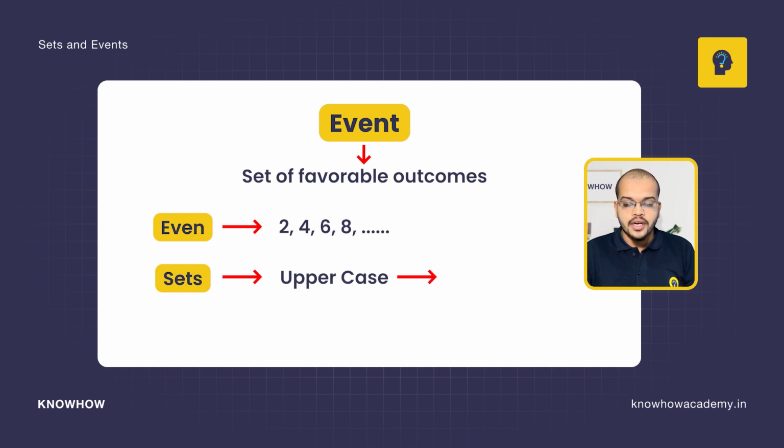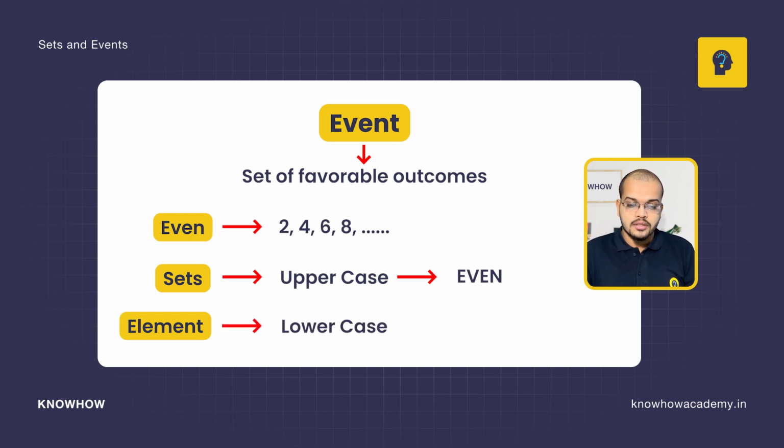For instance, if I take even, it is not required to have the number alone, numerical alone; I can write it like this also. But events or elements are represented in lowercase. So this can purely be a numerical value like 8, 9, 10.